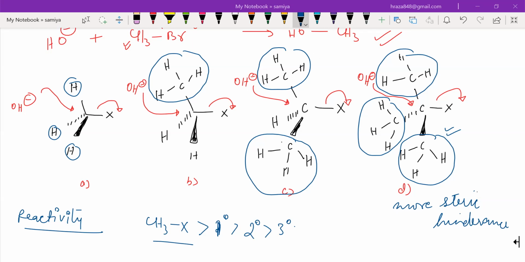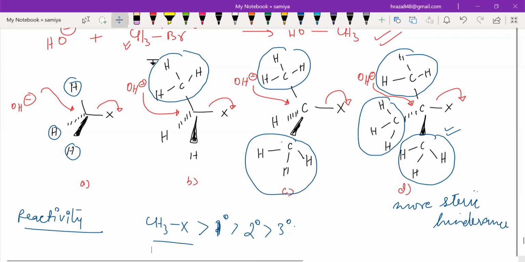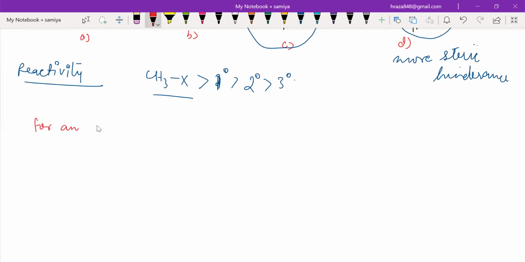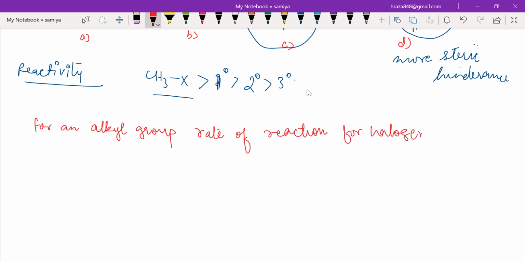Thank you. So I am going to change the slide. Now, for an alkyl group, rate of reaction for halogen. If alkyl groups are same, that means all will have R group, then RI, then RBr, then RCl, and then RF.